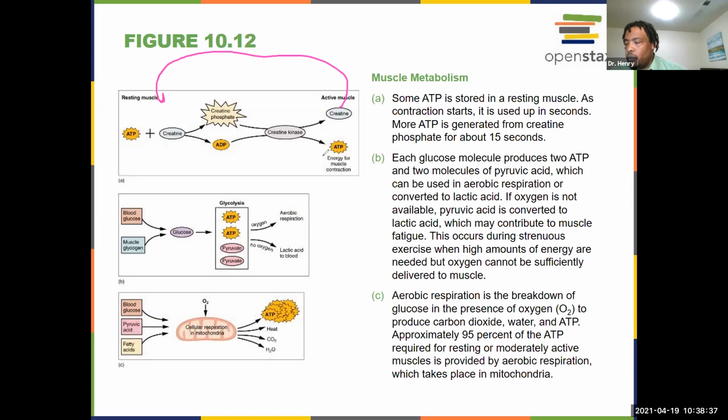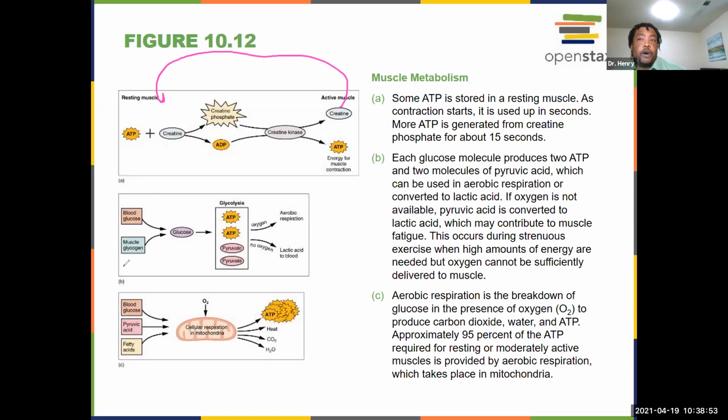Okay, so what's happening in this situation is that creatine is kind of being used as an energy source, right? And then it's going to be recycled, and go through that process again.